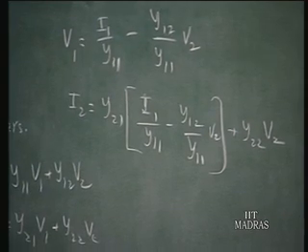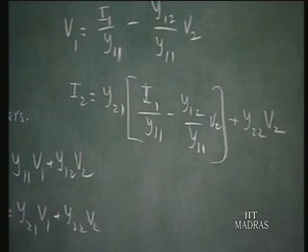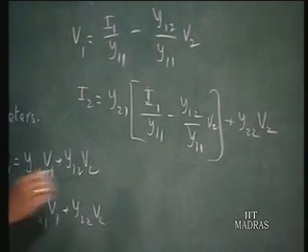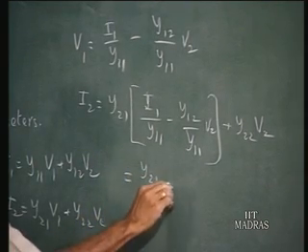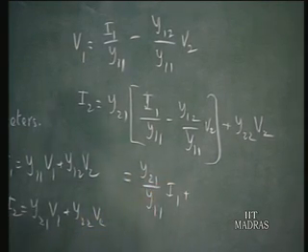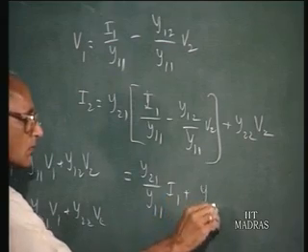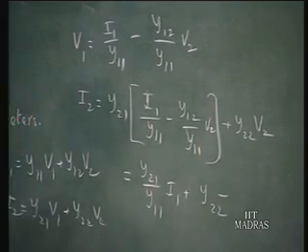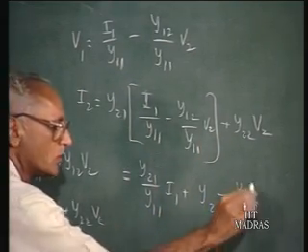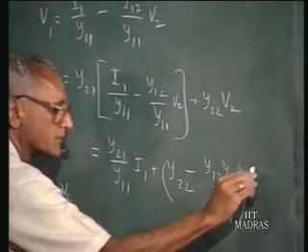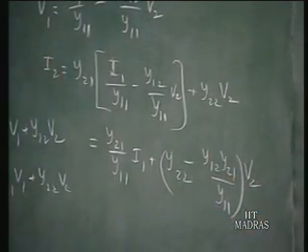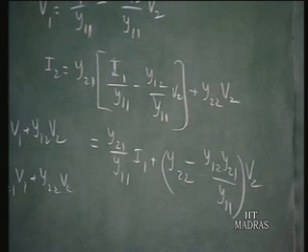So, we have now expressed I2 in terms of I1 and V2. That means this will be y21 divided by y11 times I1 plus y22 minus y12 y21 divided by y11 times V2. So, we have expressed V1 and I2 in terms of I1 and V2.